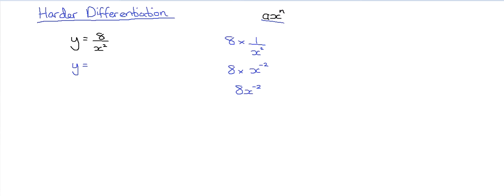That's why I've written y equals. So I've just proved to you there that it's 8x to the minus 2. Now I can differentiate. This is why it's harder, and people get a bit confused here. This, I'll put it in red, is a rewrite. That's all we're doing there, nothing different, just putting it into this form.